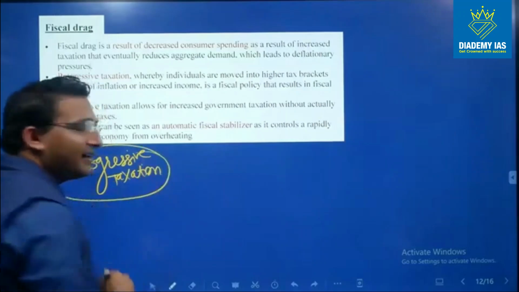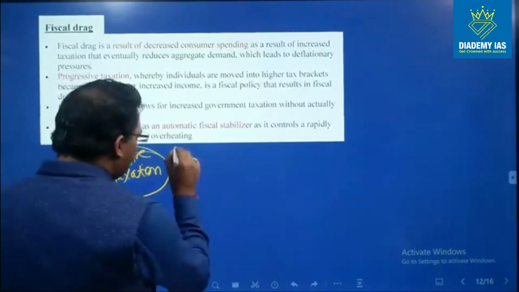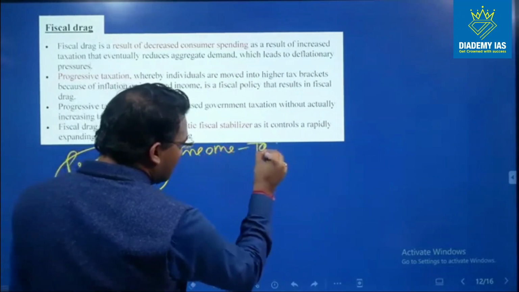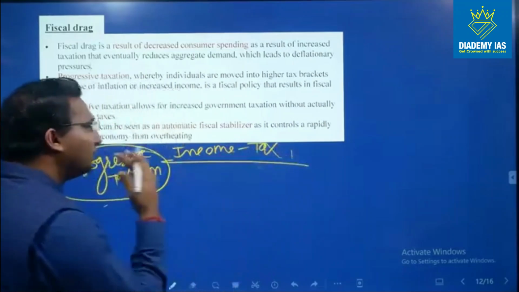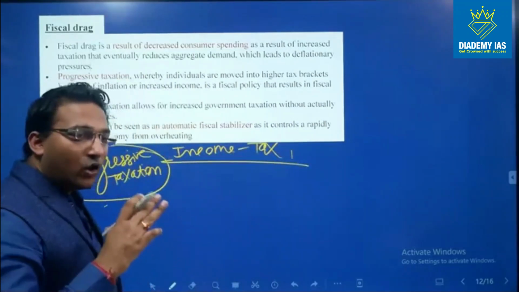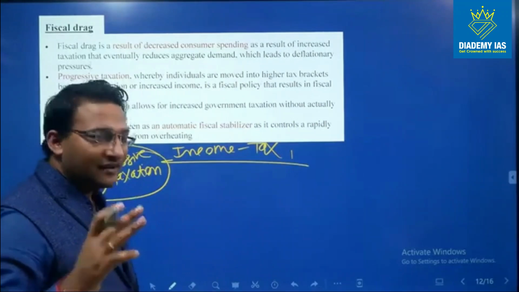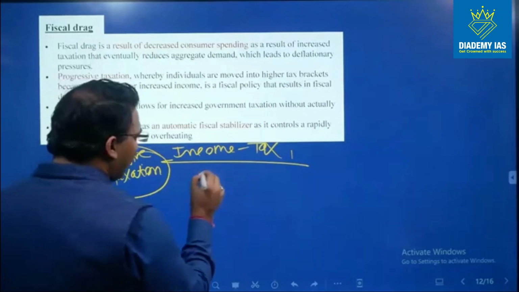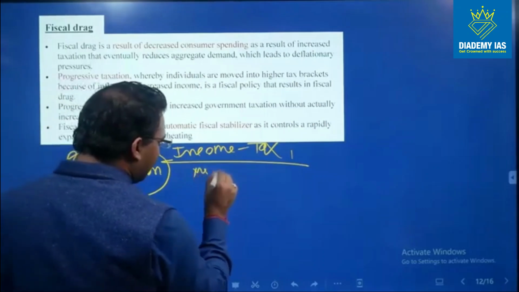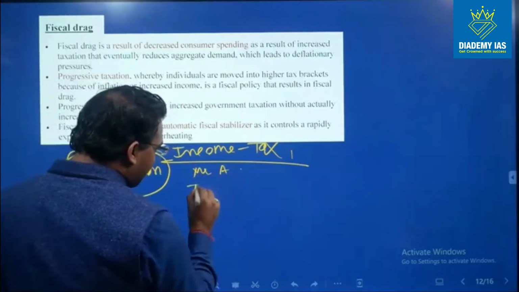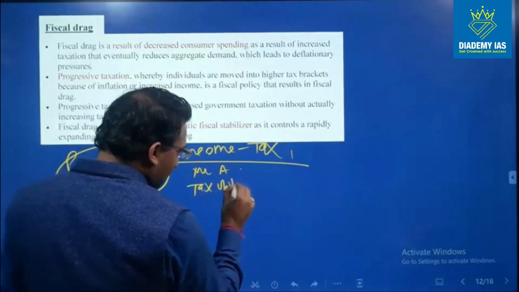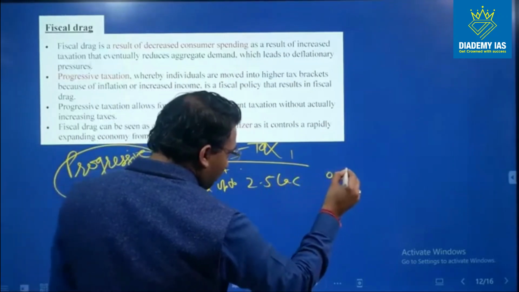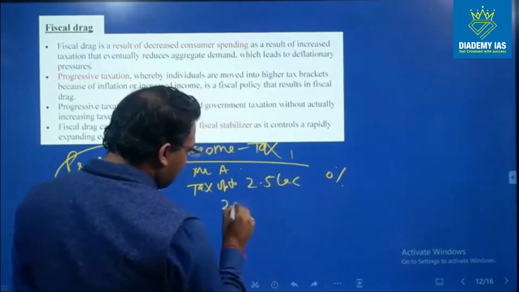Right? So in progressive taxation, suppose we take income tax. Progressive taxation is a system of taxation according to which the rates of tax are decided. In India, it is used in the income tax. Suppose in case of an individual, Mr. A, the tax up to 2.5 lakh is 0%.